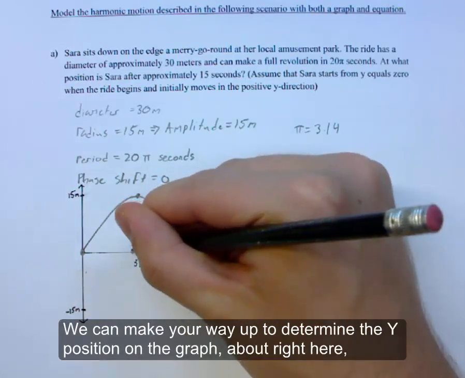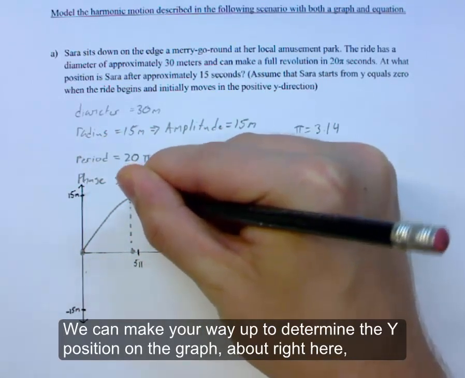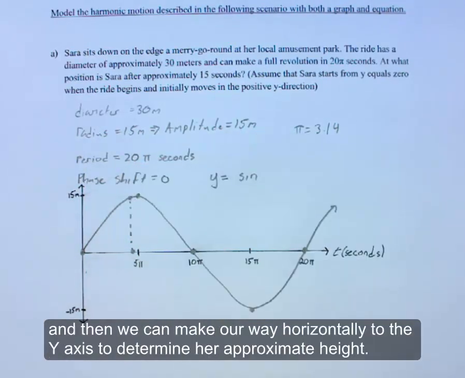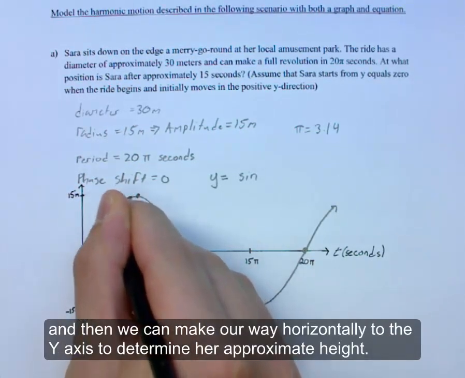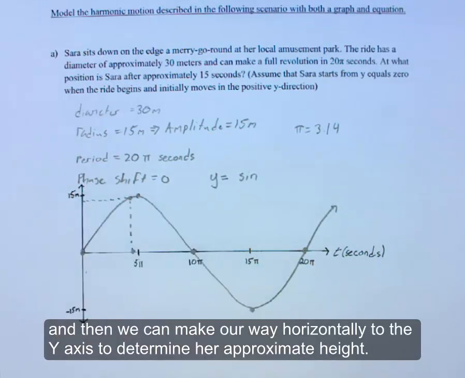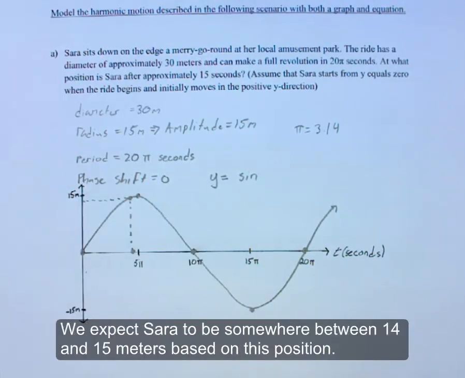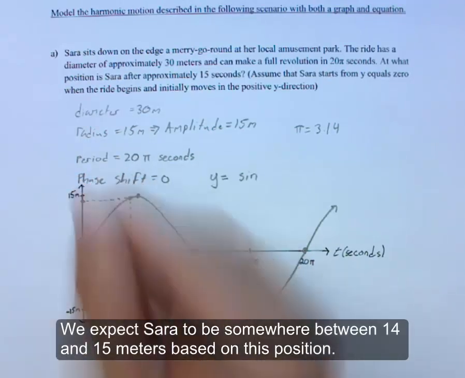We can make our way up to determine the y position on the graph, about right here. And then we can make our way horizontally to the y-axis to determine her approximate height. We expect Sarah to be somewhere between 14 and 15 meters based on this position.